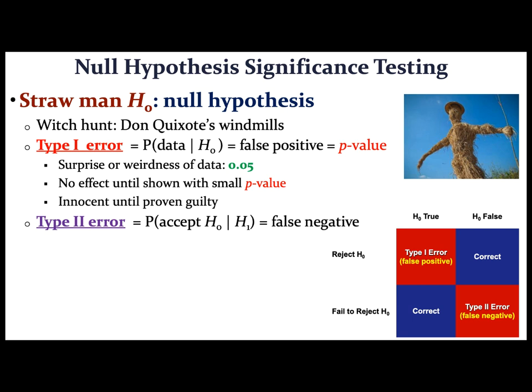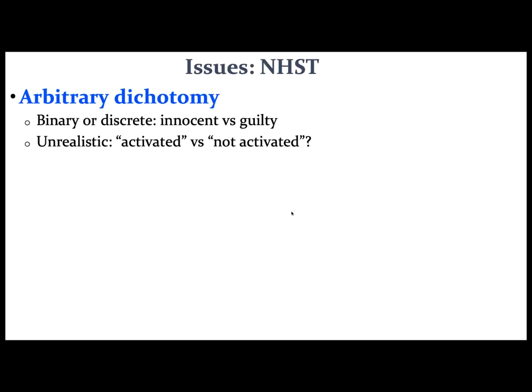When we do science and perform data analysis, we tend to control that probability. That's why we care about the p-value. But there's another error, this cell on the lower right corner, called type 2 error. There's something going on, but we fail to detect it. That's the type 2 error, a false negative. But our focus is on type 1.